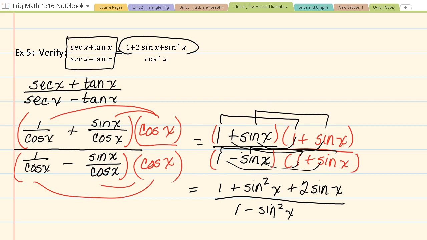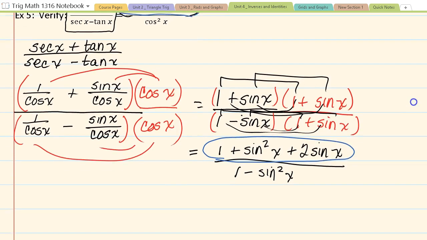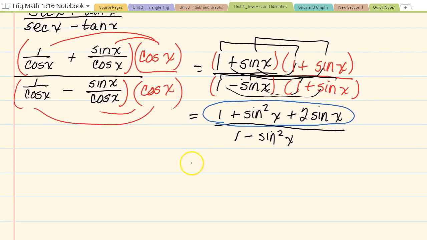And I think you can probably see from here that I can rearrange these guys to come up with this numerator that we have right here. So I'm going to do that. So that's going to give me 1 plus 2 sine of x plus sine squared of x.